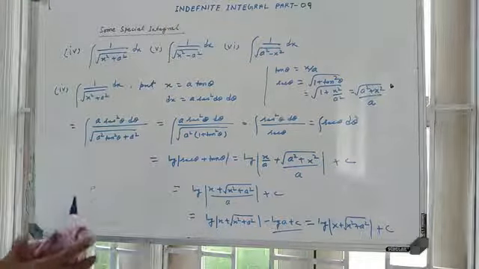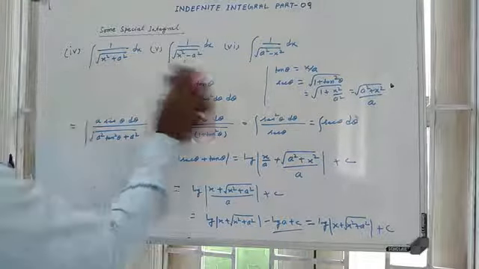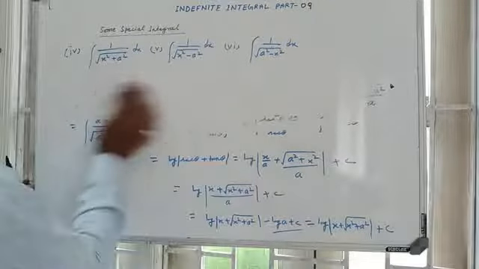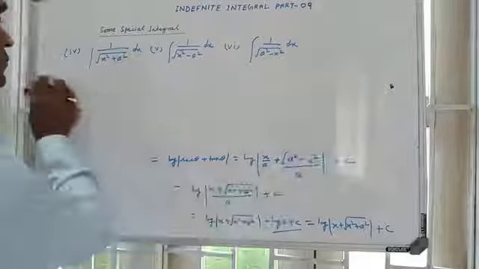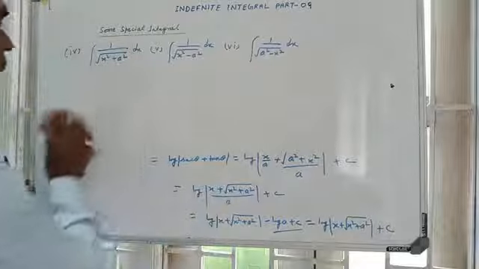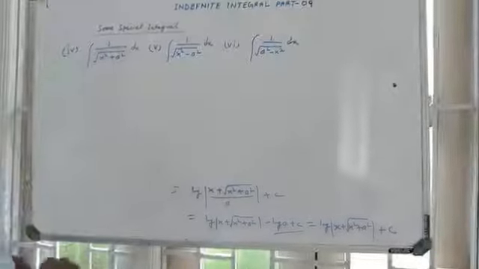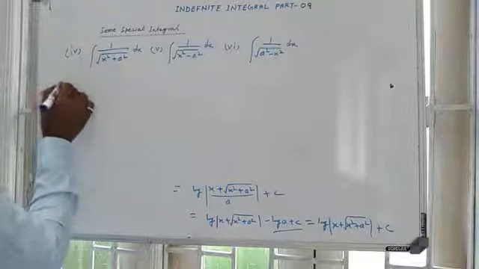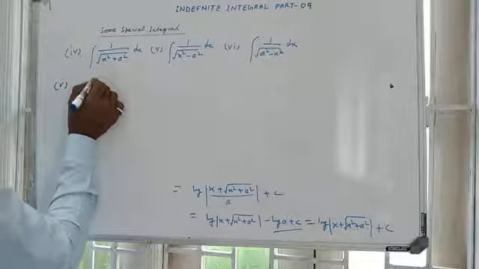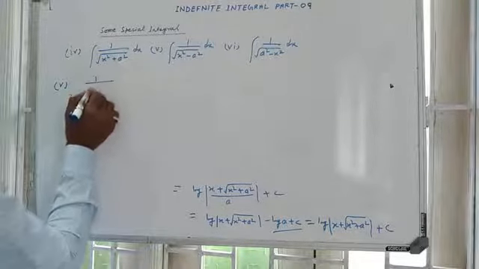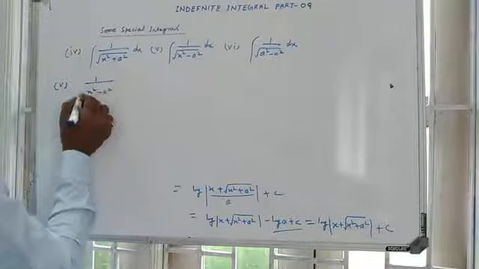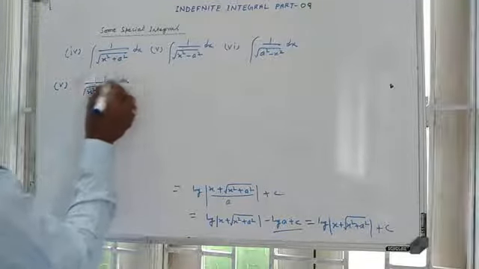Second one, fifth one: integral of 1 by root over x square minus a square, dx.